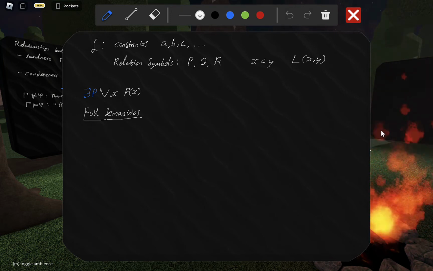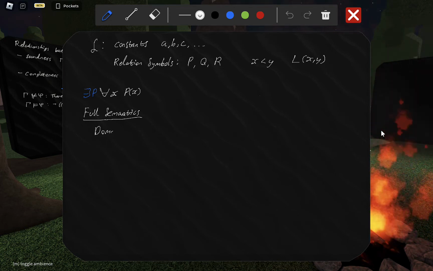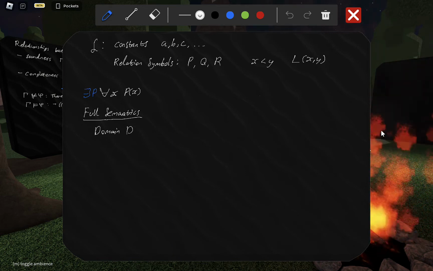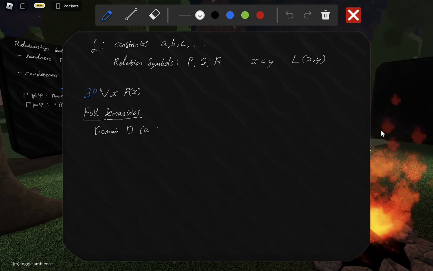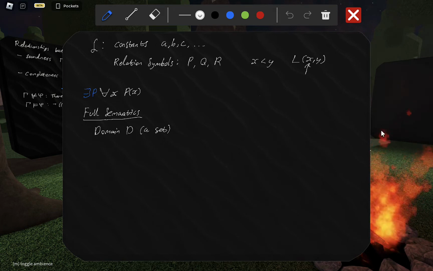What happens here is you have your domain D, which is just your set of objects, and the variables and all the terms. These terms here, they range over that domain.